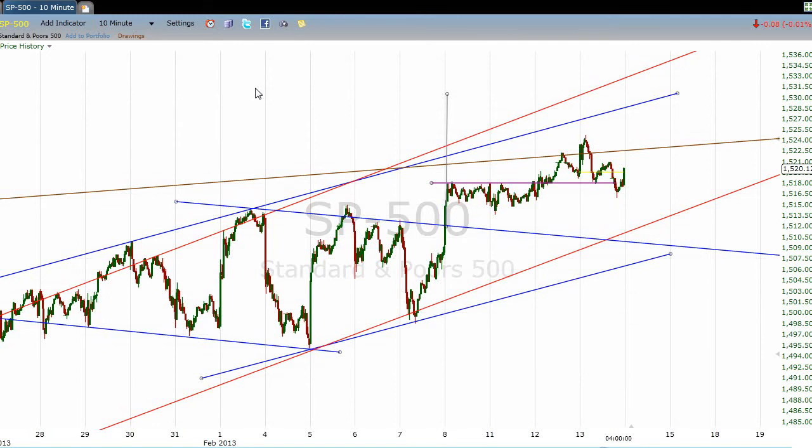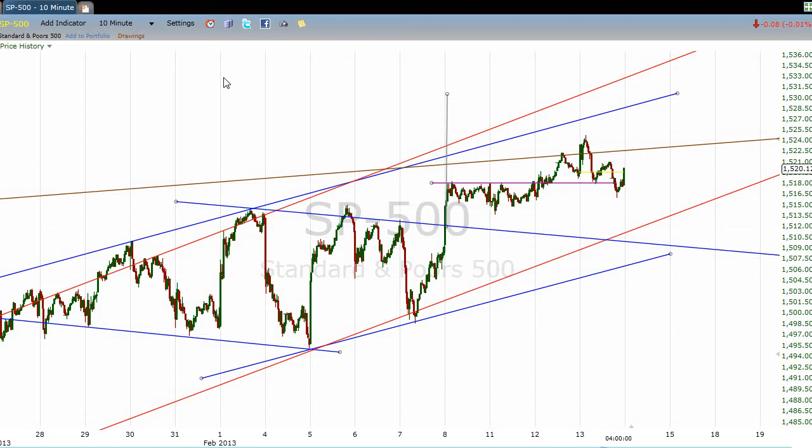Typically, breakouts from consolidations can make their target in the breakout move. So it's not that unusual. It wouldn't have been that unusual for us to wake up on the 8th and see that, wow, the S&P powered up from 1510 to 1530, a 20-point day. That would not have been that unusual.